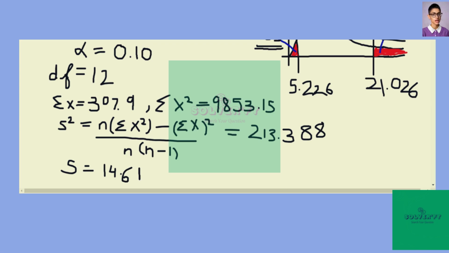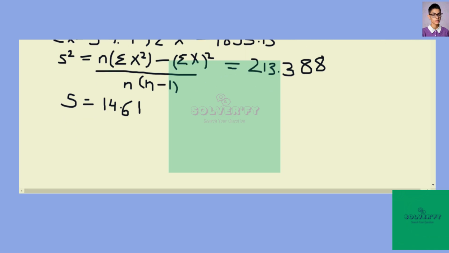We will now calculate the test value. The test value chi square equal to n minus 1 multiplied by s square divided by sigma square.